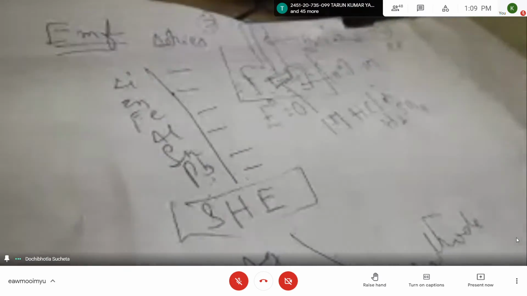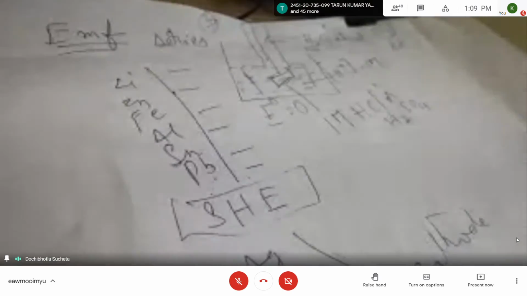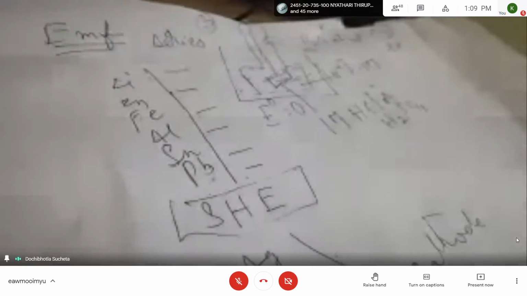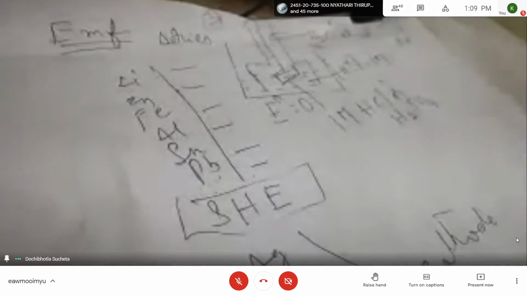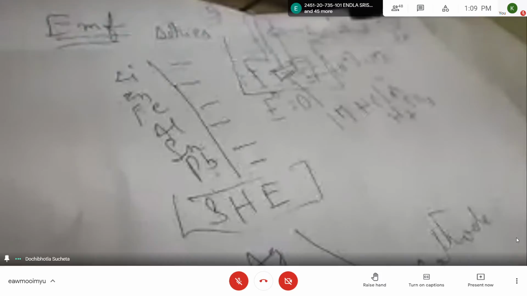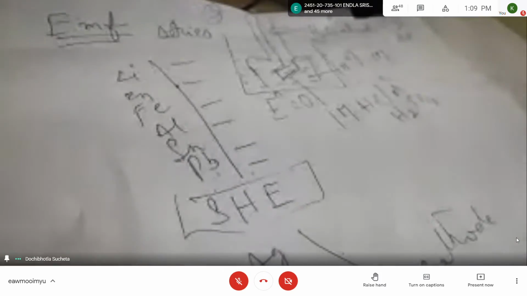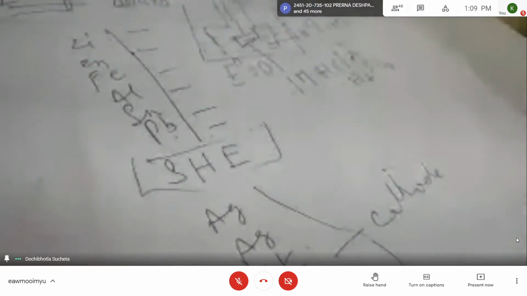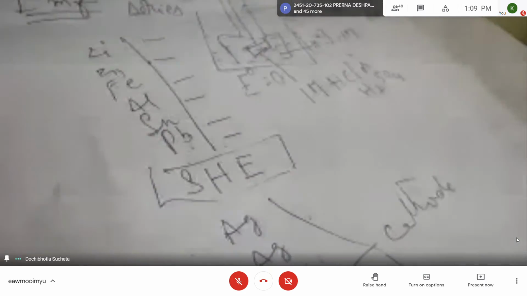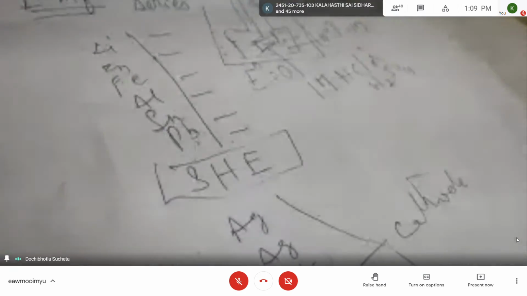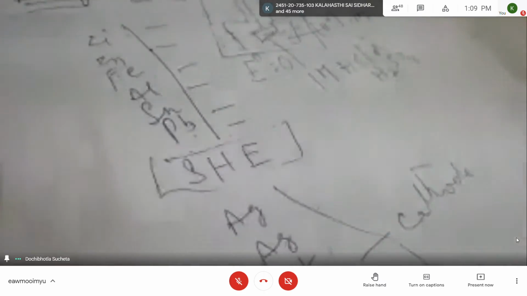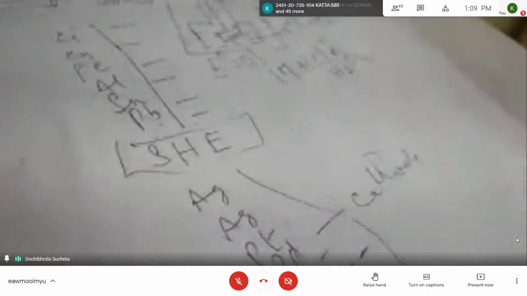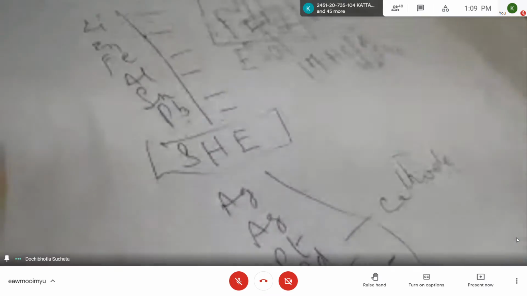Standard. What's the difference between standard and single electrode potentials? When the temperature is 298 Kelvin and pressure is 1 atmosphere, it is standard electrode potential. What should be the concentration of the electrolyte? 1 molar. Okay. You got it now?